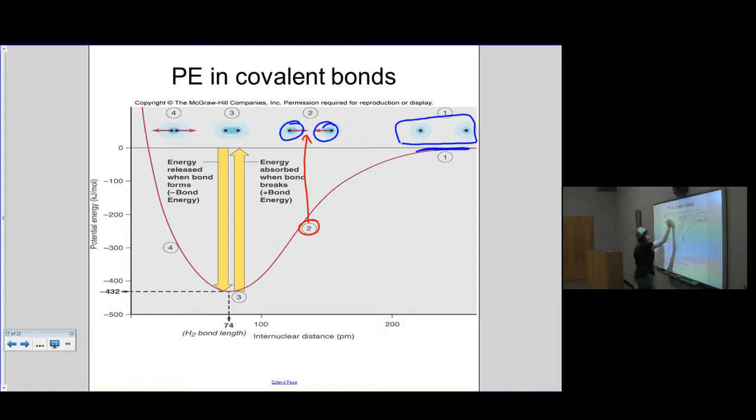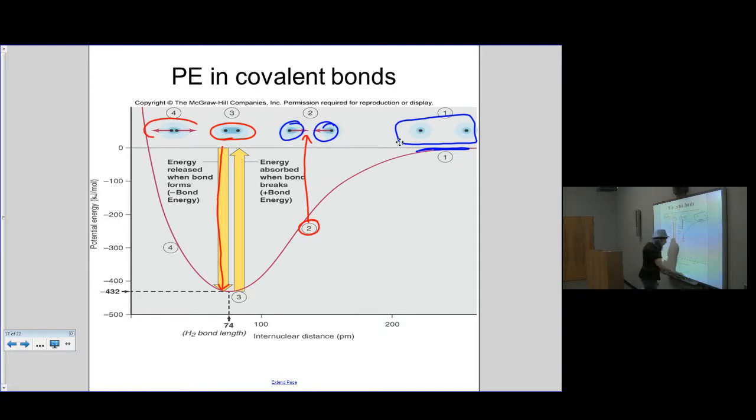When they get to exactly the right distance, where the forces are exactly right, then when the bond forms, energy is released. And that should make some sense. Each of those electrons is moving, moving, moving. It's got its own little amount of potential energy, and then when they come together, some of that potential energy is lost.